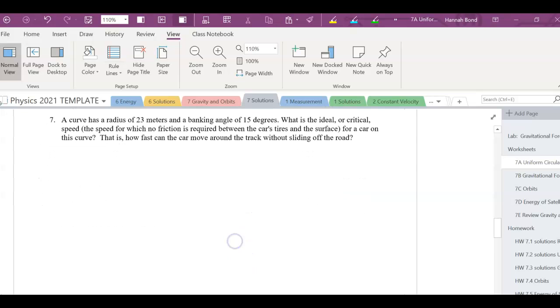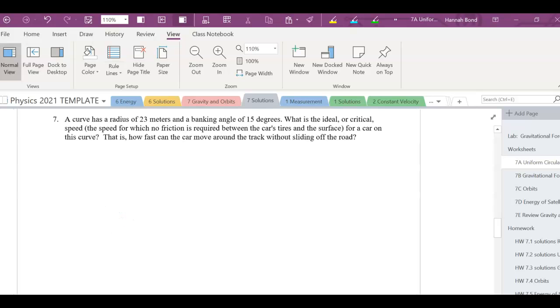Let's go down to number 7 and look at something with a little more difficulty. So here we have a curve with a radius of 23 meters and a banking angle of 15 degrees. So a lot of times when there is a road that has a sharp circular path, the road is banked so that the outer edge is higher than the center edge, and the banking angle here is 15 degrees.